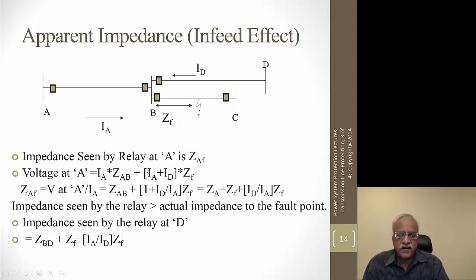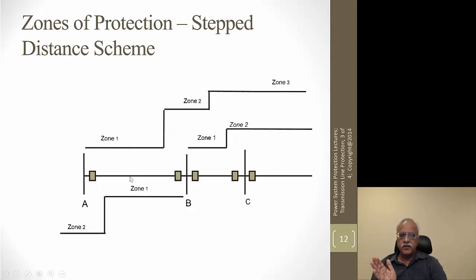So if you look at it, the measured impedance from A is the actual line impedance plus the actual impedance up to the fault point, plus a factor which increases that ZF by the ratio of the remote current to the local current. So the impedance seen by the relay, as you see, is higher than the actual impedance up to the fault point.